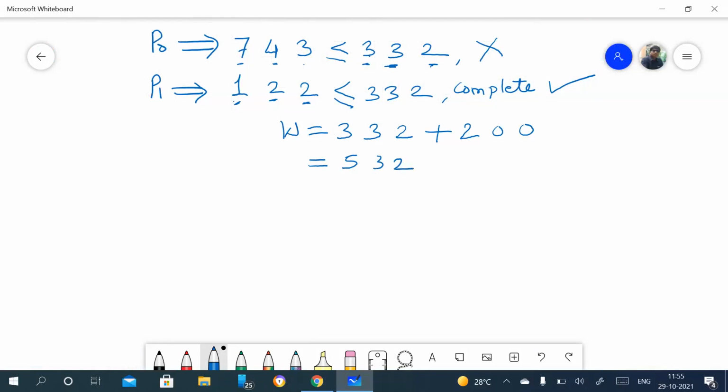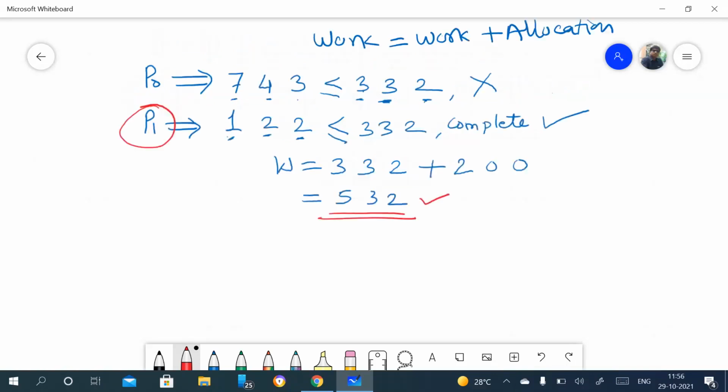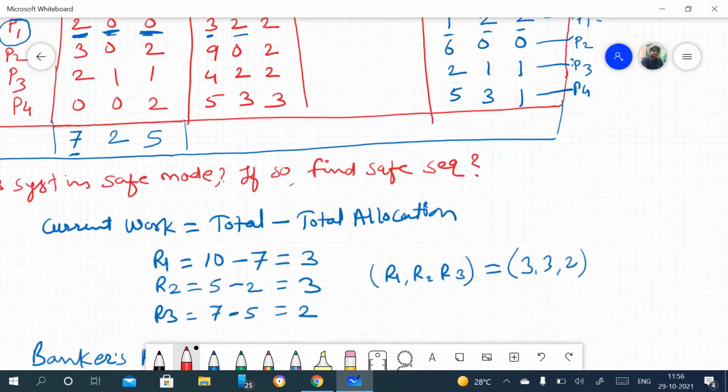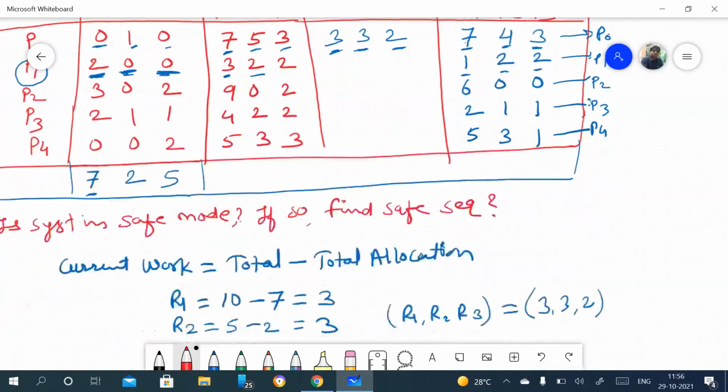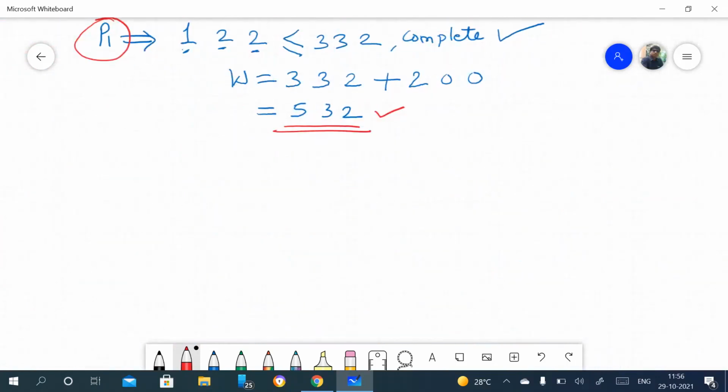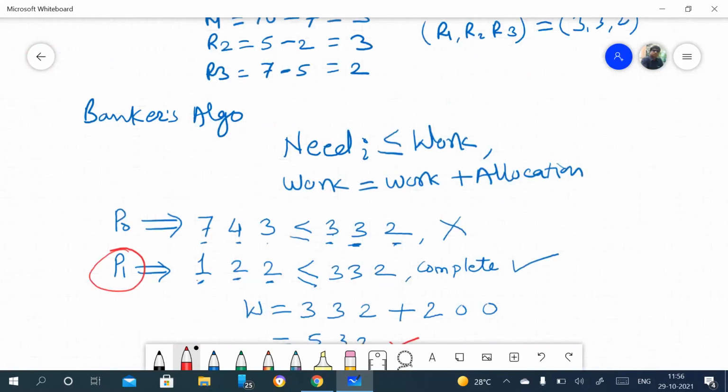And you can see here, this is completed. And now whatever availability has been increased, you just consider this the total number of available resources in our hand for the execution of P3 or P2. So if you want to write this, you can write here also. So 5, 3, 2.